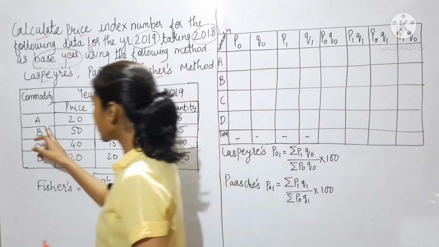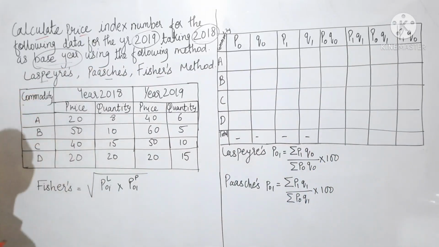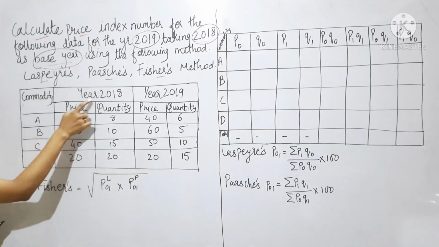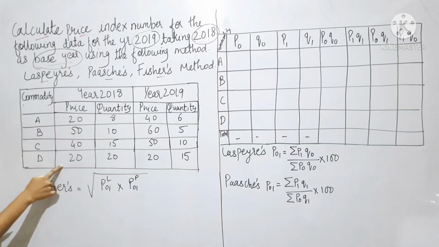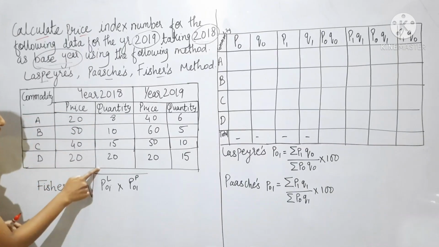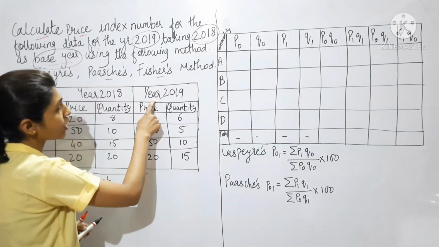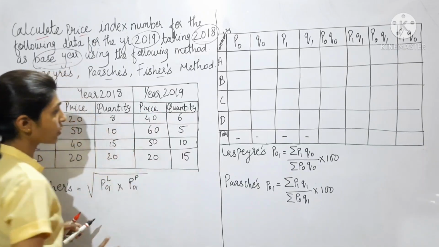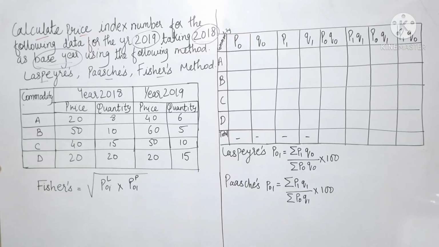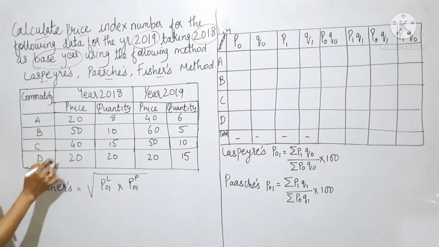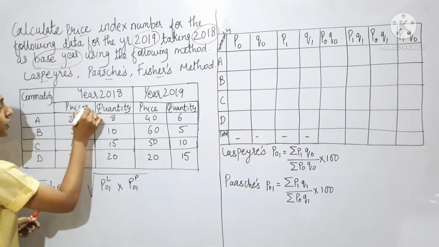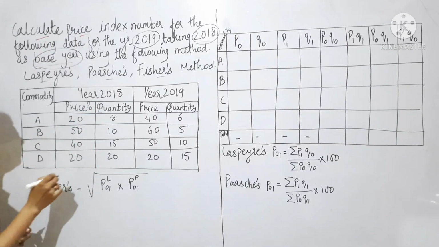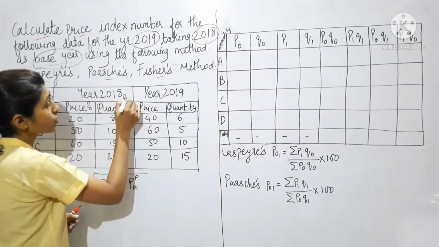Okay, so this is the data. In this data, commodities A, B, C, D are there. Year 2018, year 2019. For year 2018, the prices and quantities are given here, then year 2019 also has price along with quantity. So 2018 is the base year. Price of 2018 will be denoted as P0, quantity of 2018 will be denoted as Q0.